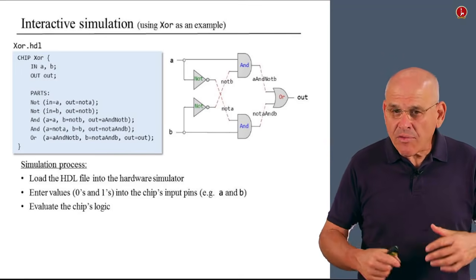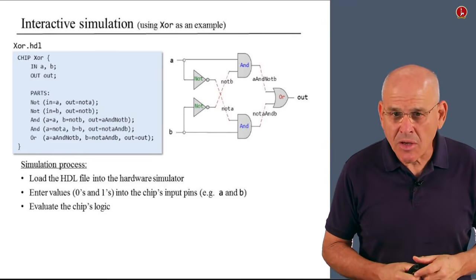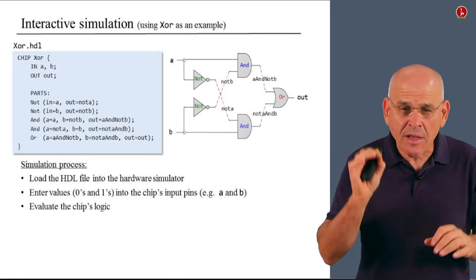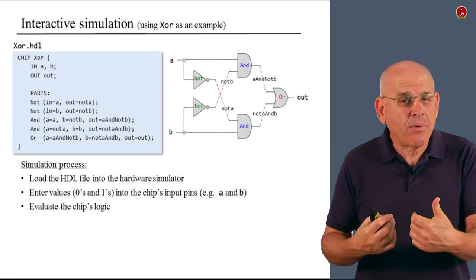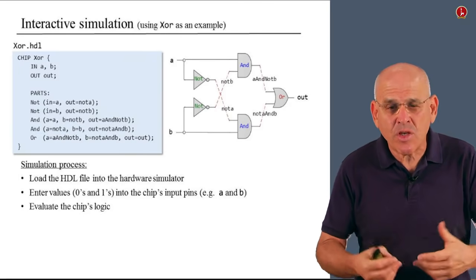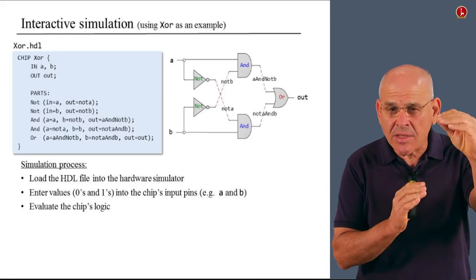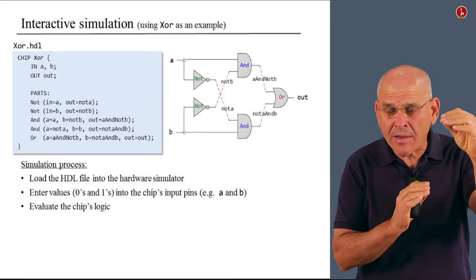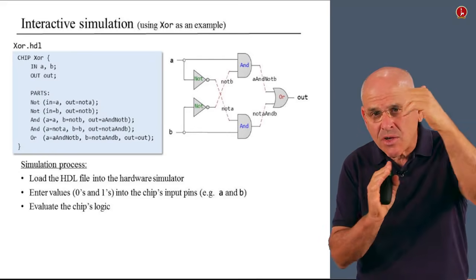Well, we have to tell the simulator to evaluate the chip's logic. The simulator will not do anything until we tell it to actually consider the new inputs that we entered and evaluate the chip's logic. And if we do this, the simulator will take these values, these zeros and ones or whatever we entered, and will pipe them through the architecture.